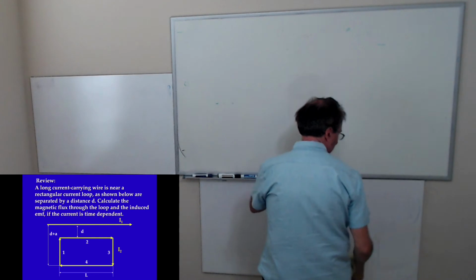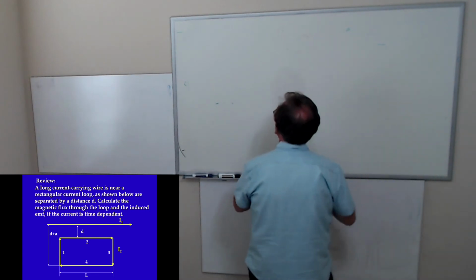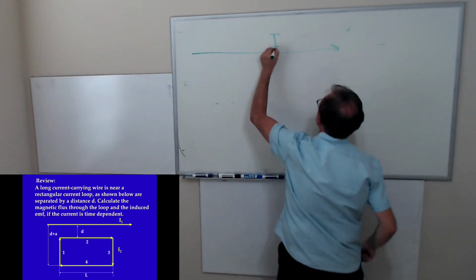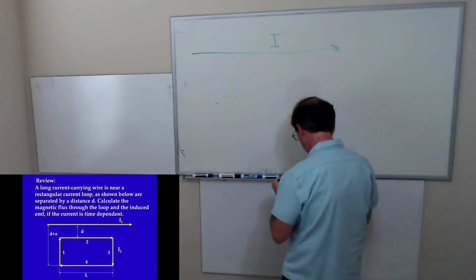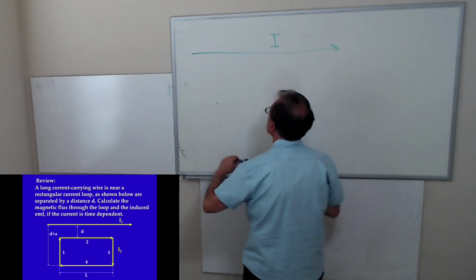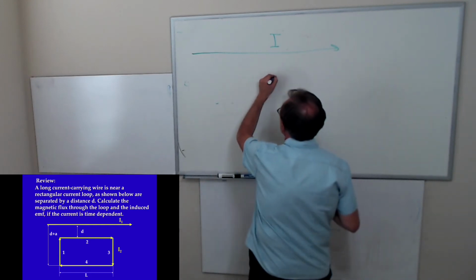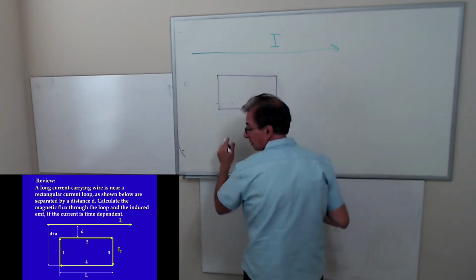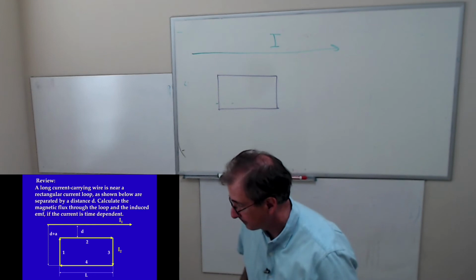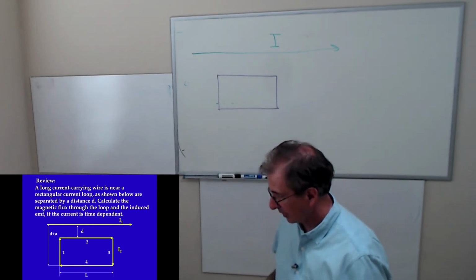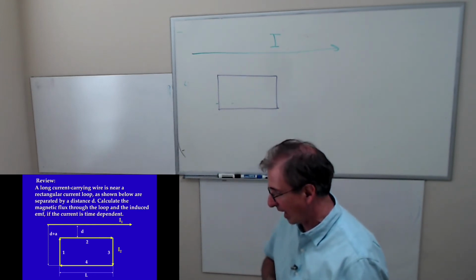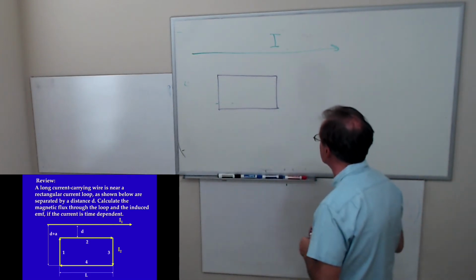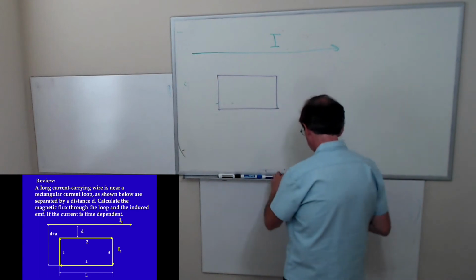Let me draw my wire, and then we'll draw my loop below it. And there's a typo there. The I2 shouldn't be there in the picture. I copied it from one of the other problems I did in the previous chapters, and I forgot to get rid of the I2. So this is a loop of wire.